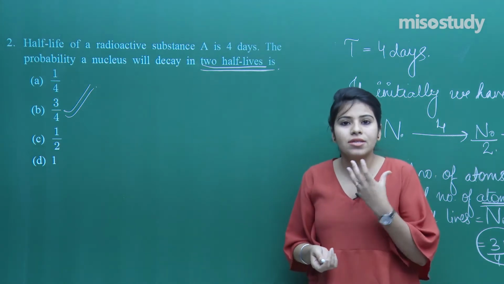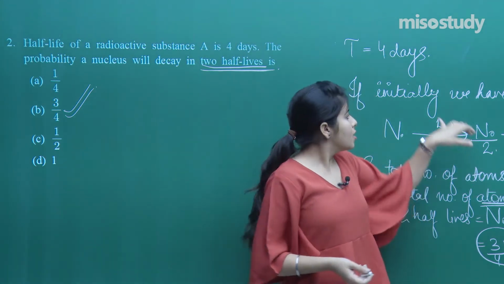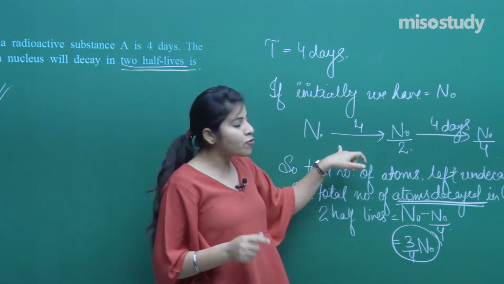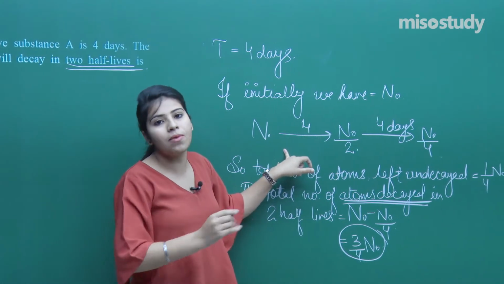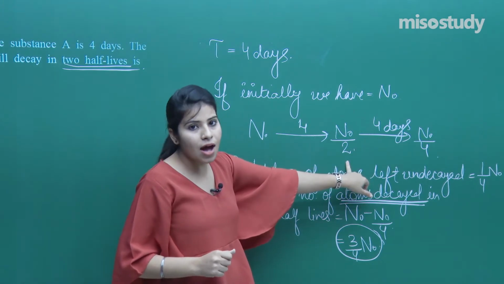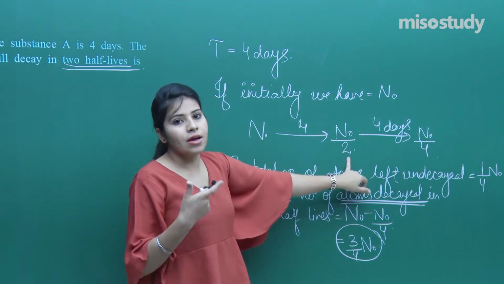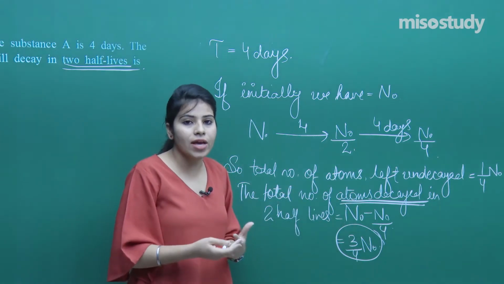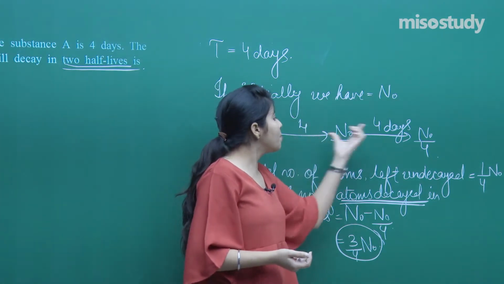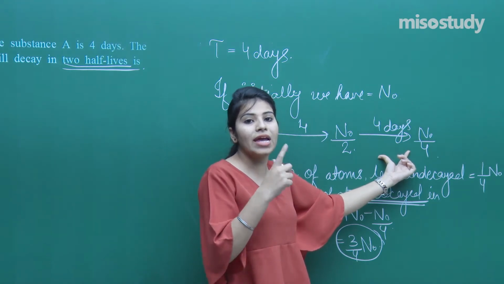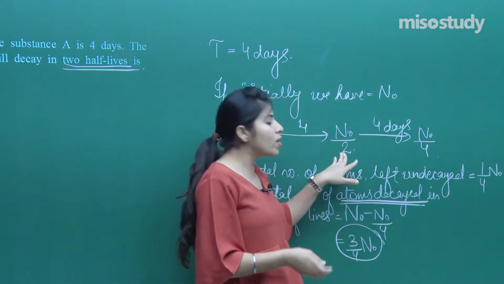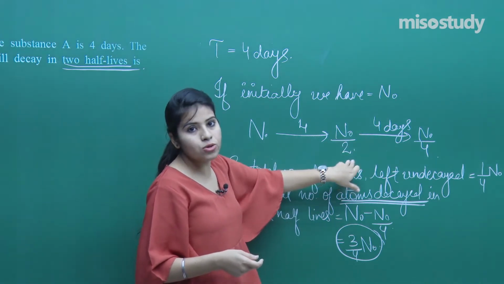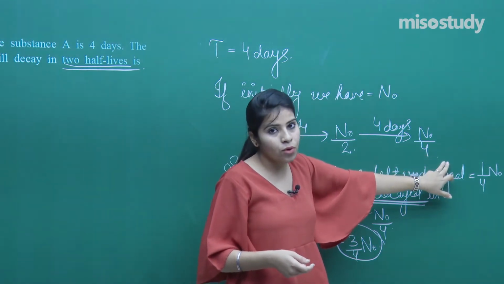What you have to think about this question is that if you are having n naught number of atoms initially, after one half-life it will just become half of it, that is n naught by 2. Again after one half-life, that means after 4 plus 4, a total of 8 days, it will again become half. So half of n naught by 2 is n naught by 4.